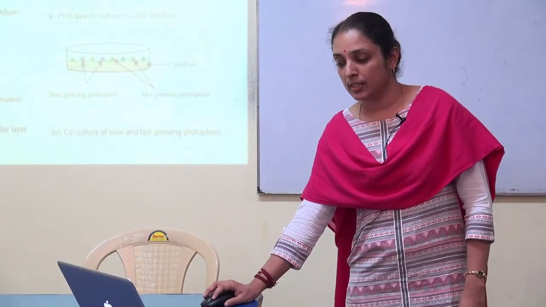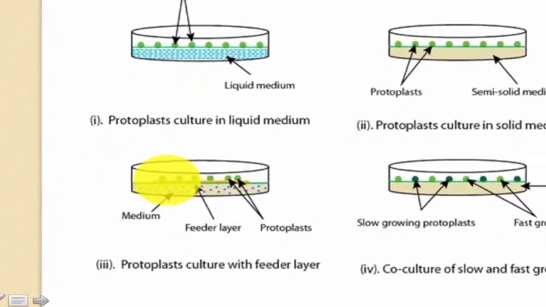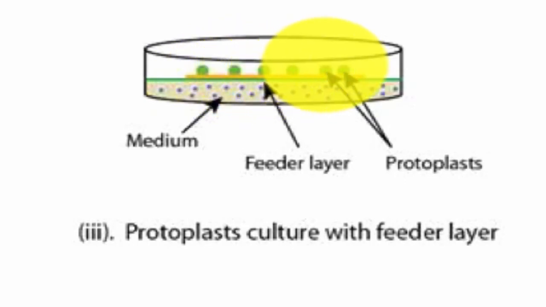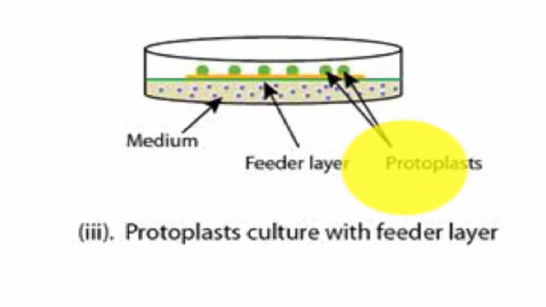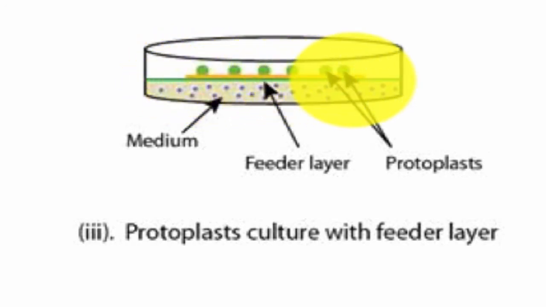On top of this membrane, we place the protoplasts. The green colored globular structures here, as labeled, are protoplasts placed on the nitrocellulose membrane, and here the nurse cell role is played by the nitrocellulose membrane.